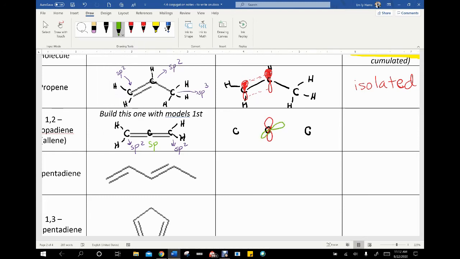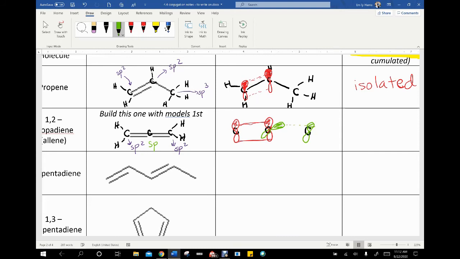And so to create this interaction, the one carbon on the right is going to have a sideways p orbital, or it will have to orient sideways. And the other carbon will have to have its p orbital oriented up and down in order to interact. So what we have is two sets of p orbital interactions occurring side by side.